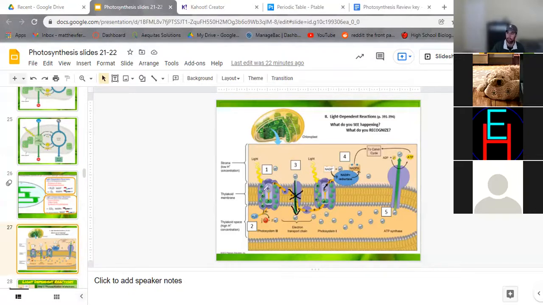And if we don't have enough light energy, then there's not going to be enough oxidation energy here, which means this water isn't getting cut. And now we have no protons down here. And if we don't have protons down here, do we have a concentration gradient for ATP synthase to work?